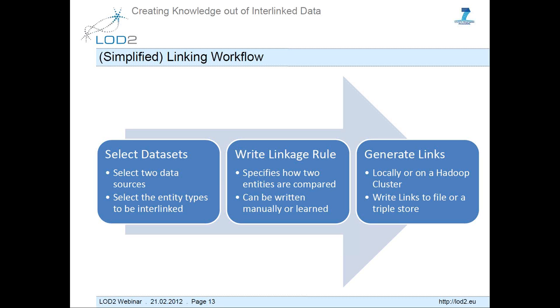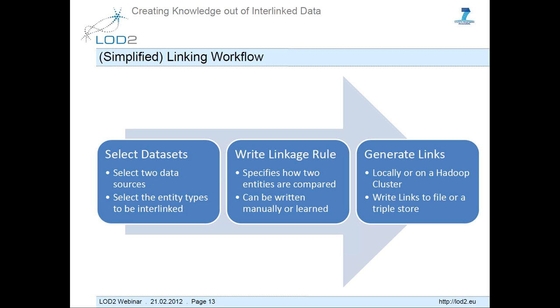Usually one data set may contain different types of entities. For example, the DBpedia data set may contain persons, geographic locations, movies, and so on. So usually we do 2 things. We select the data sources, and in each data source we select the type of entity which we actually want to interlink. That's the first step.